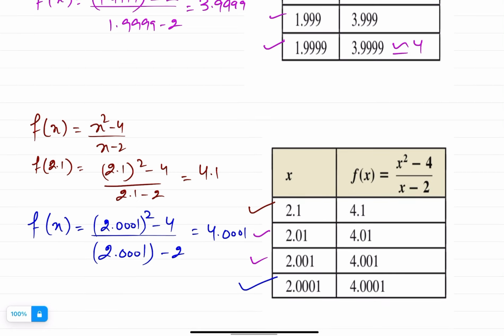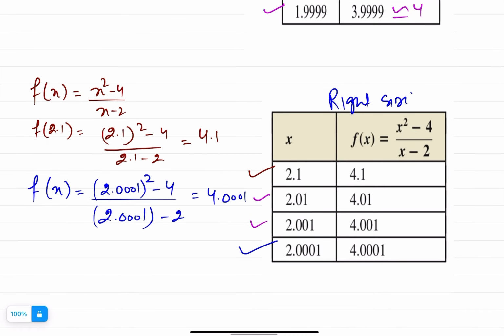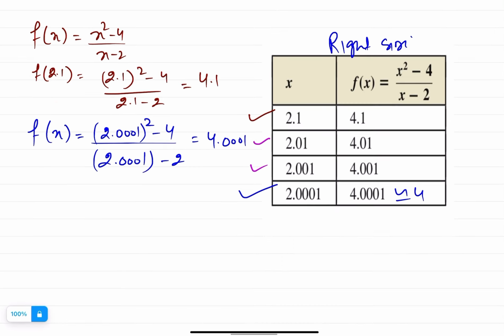We can observe that as we come closer to 2, either from the left side, that is lesser than 2, or from the right side, we get a value that is almost approaching 4.